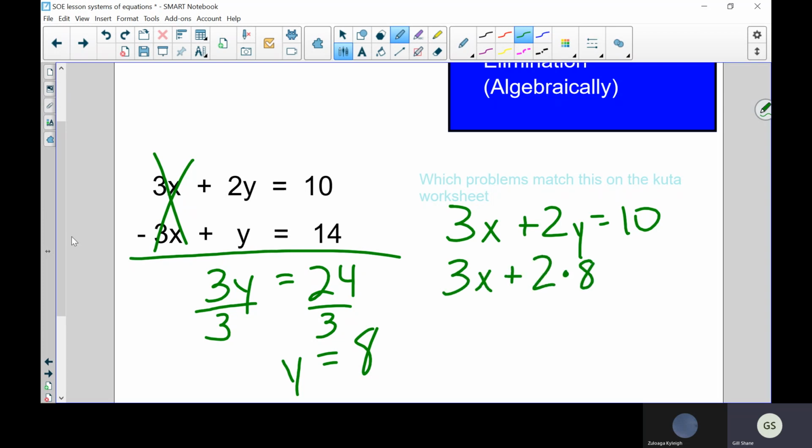I'm going to replace that with 8. And then the rest of the equation is the exact same. I have 3x plus 2 times y equals 10. All I did is take the y out and replace it with 8. And it's multiplication because this is 2 times y, so this is 2 times 8. 3x plus 16 equals 10.